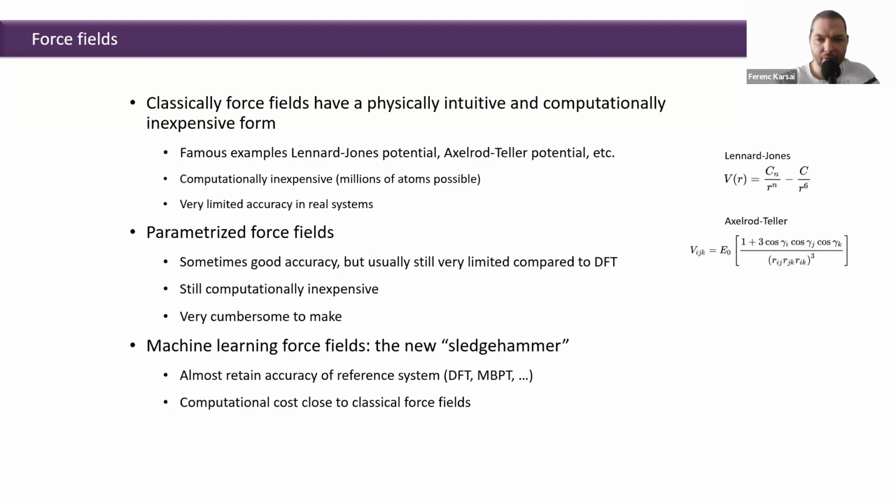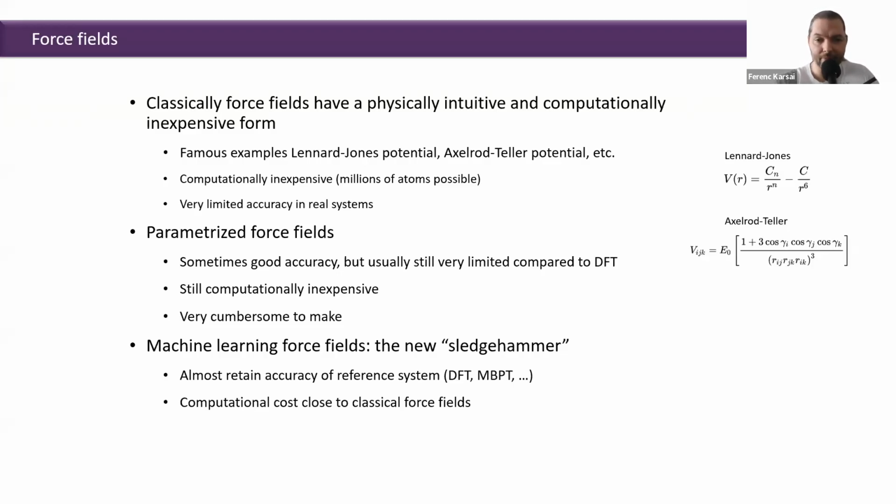We need a force field that retains the accuracy of DFT, but is approaching the classical force field in terms of efficiency. And this is machine learning, or we could say the new sledgehammer, which, depending on the training, of course, comes very close to DFT.